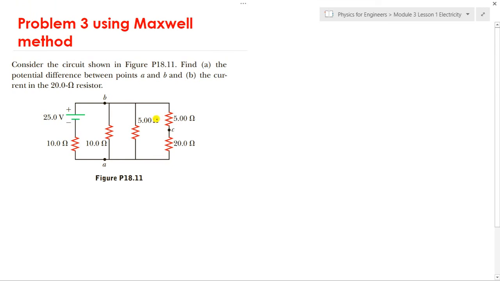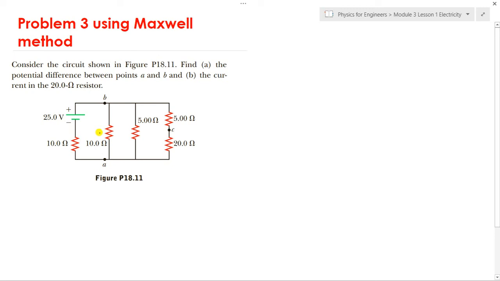Now the Maxwell method is a little bit simple, and it reduces the number of unknown variables, because as you can see right here, in this example, the number of currents is not specified.